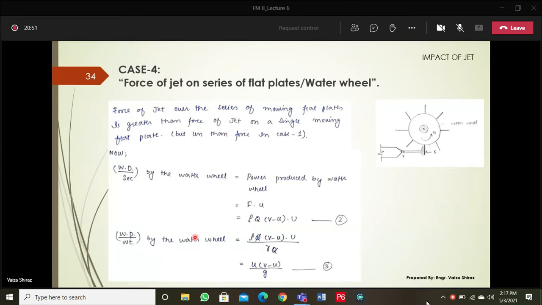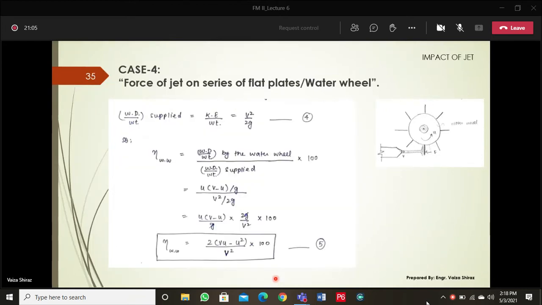So it is P over gamma Q. This is the power, and this is gamma Q. Simplify the equation, and you get this final relation for work done per weight, or the output power in terms of the head. Now we need the input power in terms of the head, which is also your work done per weight supplied. It is the kinetic head, V square by 2g.